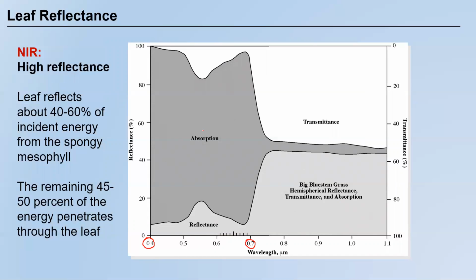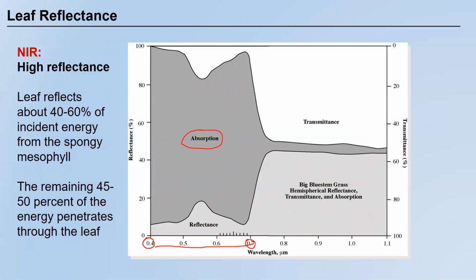You can see here, absorption is the most dominant effect of vegetation, which means that vegetation absorbs most energy within the visible band. Reflectance is there because vegetation is green, but it's not strong. So most energy here is absorbed.